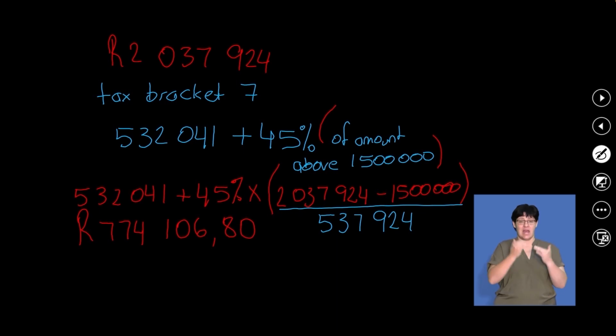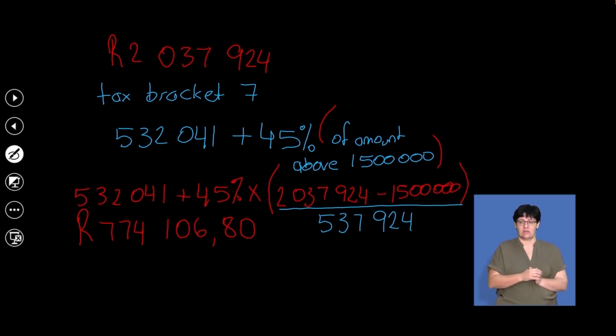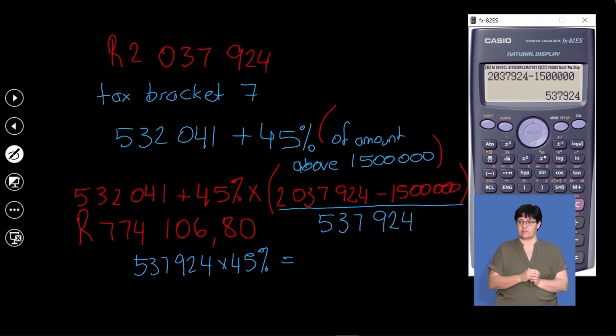Then I'm going to work out my percentage of that. So on my calculator, in fact, let's write it first. I'm going to take my 537,924, and I'm going to times that by 45%. And I'm going to get an answer. Let's get a calculator. So I'm going to type in this number, 537,924, times that by 45%, and I get an answer of 242,065.8.